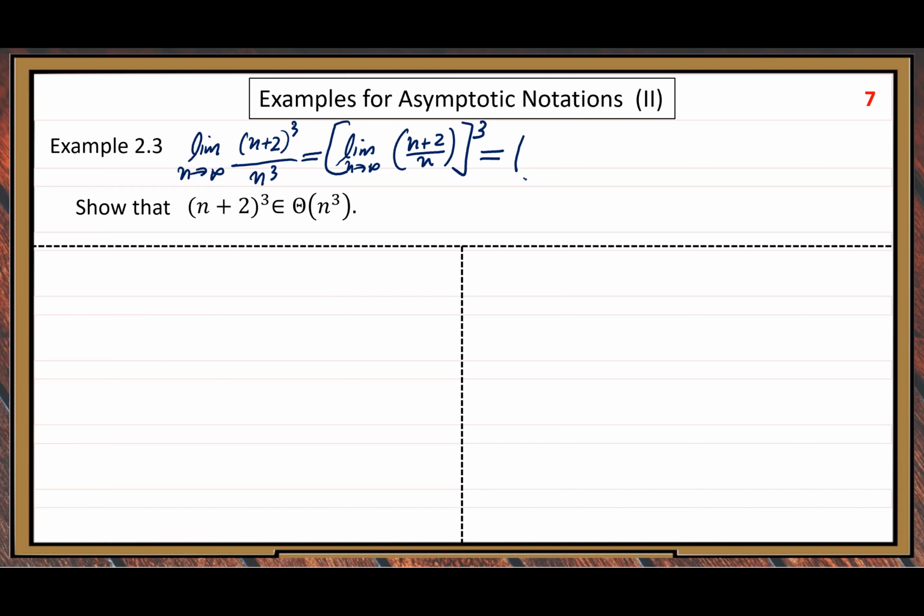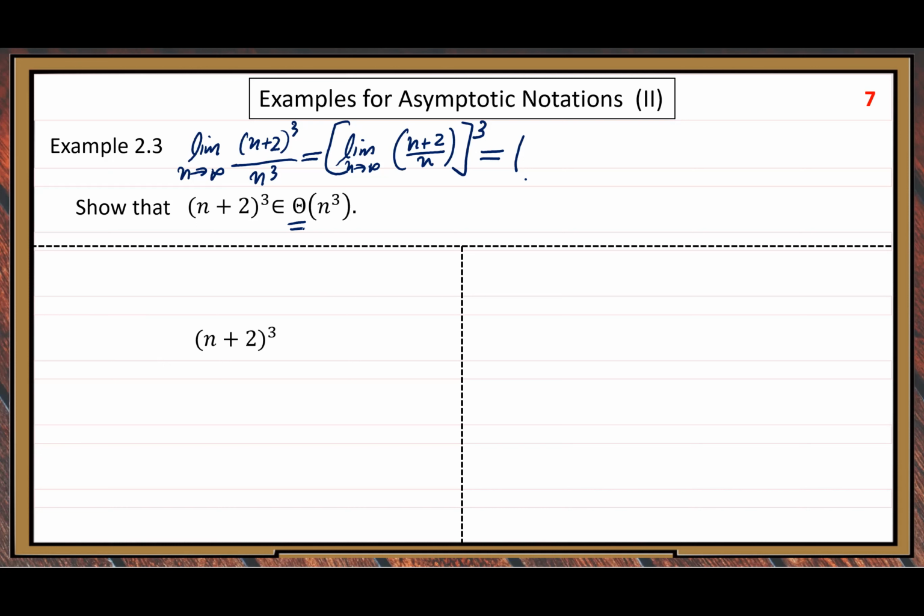But here we also want to practice the definition way, because here we are working on big theta notation. So we need to find C1, C2, and n0, both lower bound and upper bound, then n0. So let's look at the lower bound first.